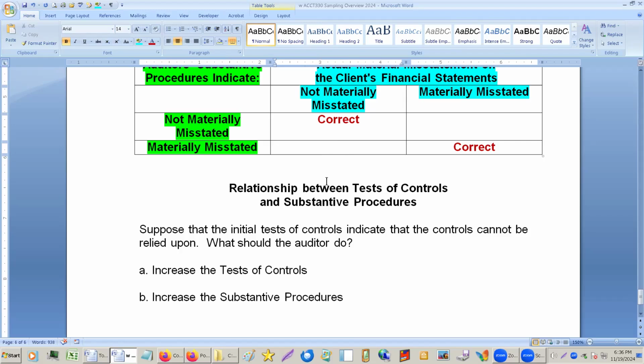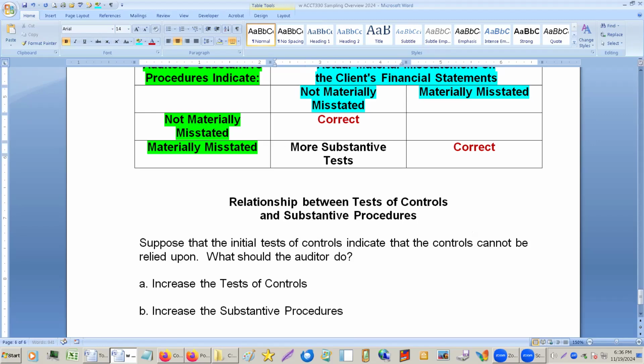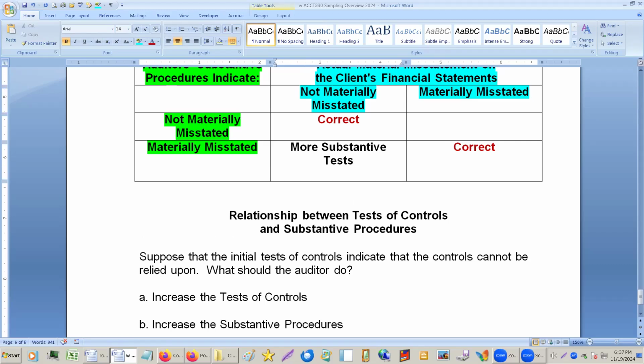If we say that they're materially misstated and they are not, this usually leads to more substantive tests. And if they're not materially misstated, this will lead us to our inefficient audit again. So our audit is inefficient.